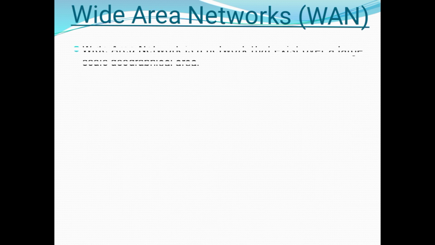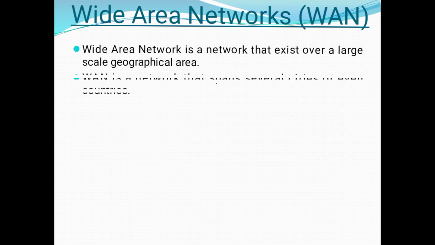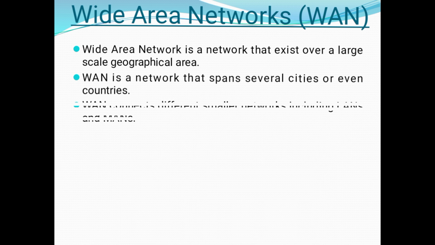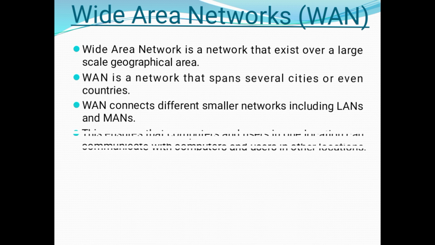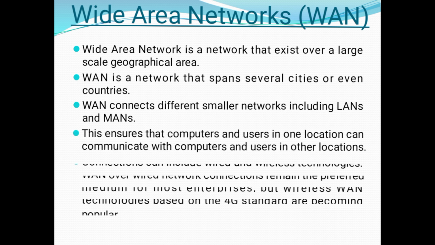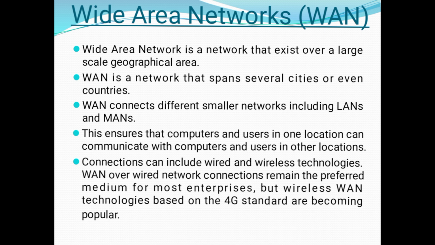Wide area network, WAN. A wide area network is a network that spans a large scale geographical area. A WAN is a network that spans several cities or even countries. WAN connects different smaller networks including LANs and MANs. This ensures that computers and users in one location can communicate with computers and users in other locations.